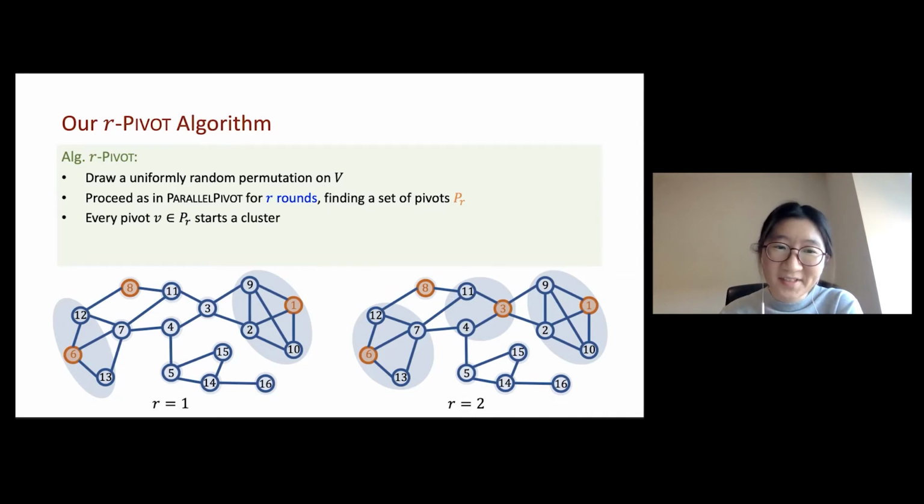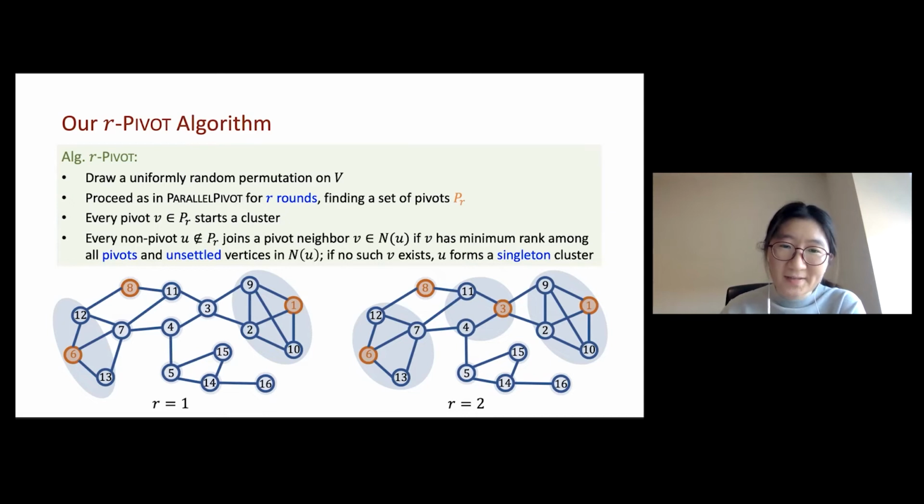After this, every pivot will start its own cluster. And in this last step, every non-pivot U will join a pivot neighbor V if V has minimum rank among all the pivots and unsettled vertices in the neighborhood of U. And if no such V exists, U itself will form a singleton cluster.